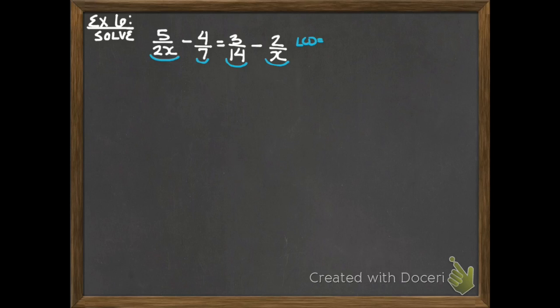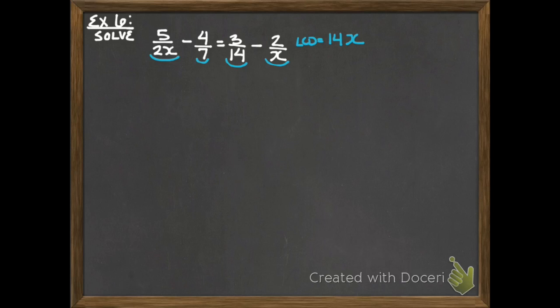So 2, 7, and 14, the least common multiple of those three numbers, is going to be 14. But then I also have an x variable, so I'm going to have that x as well in the least common denominator.